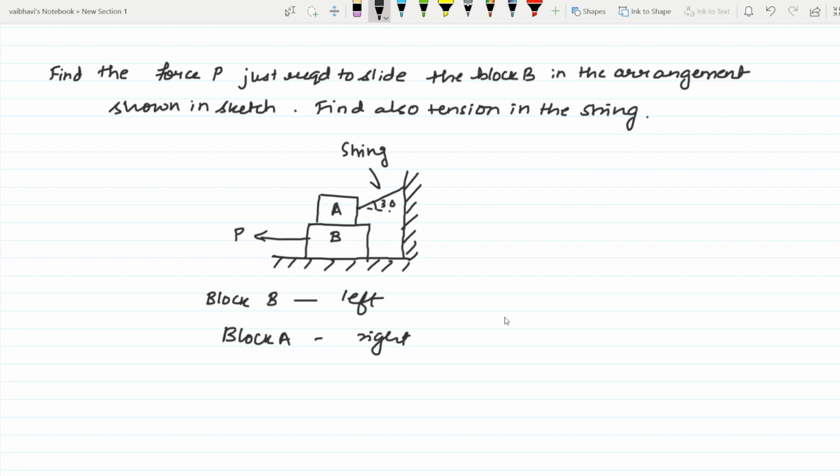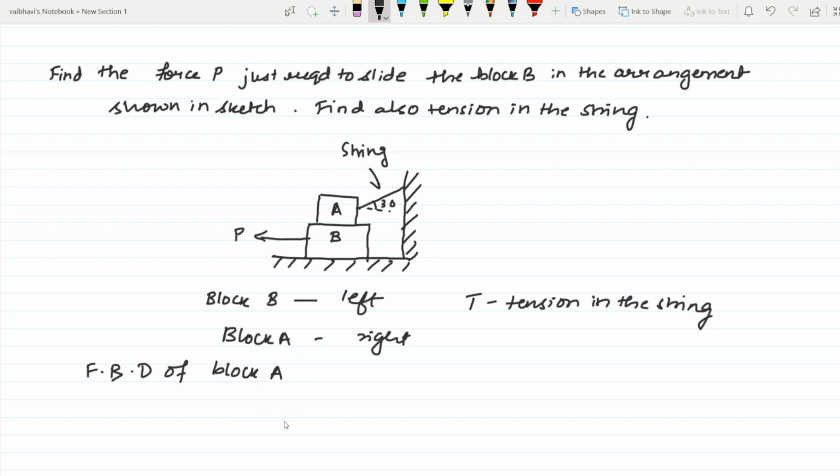Let us say T is the tension in the string. First we have to understand this motion trend. Now let us draw the free body diagram of block A first.